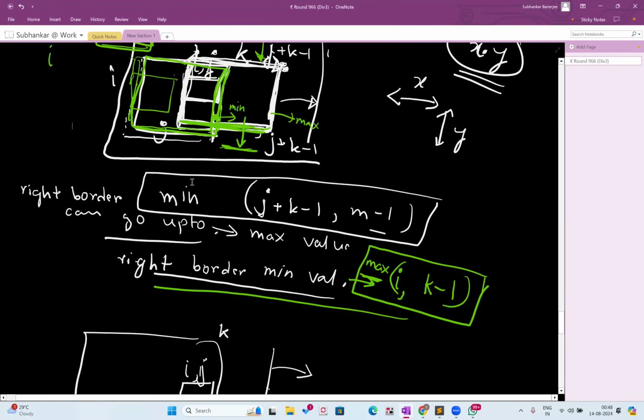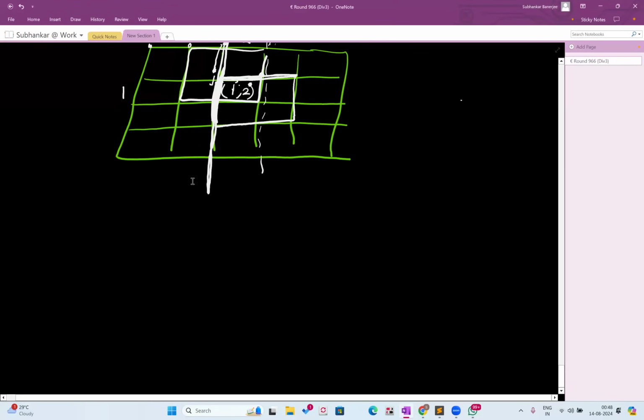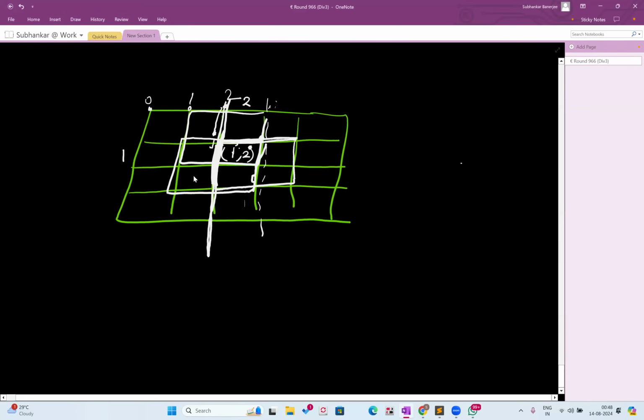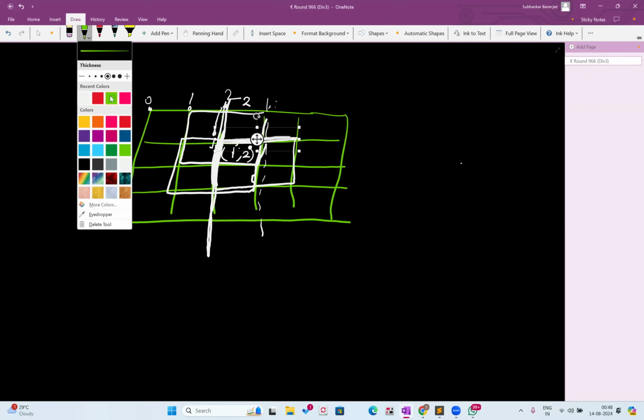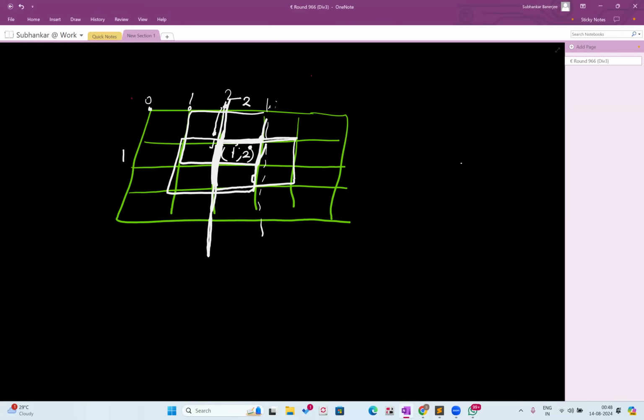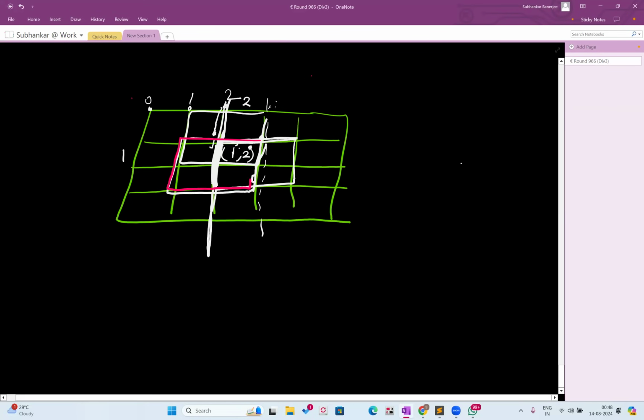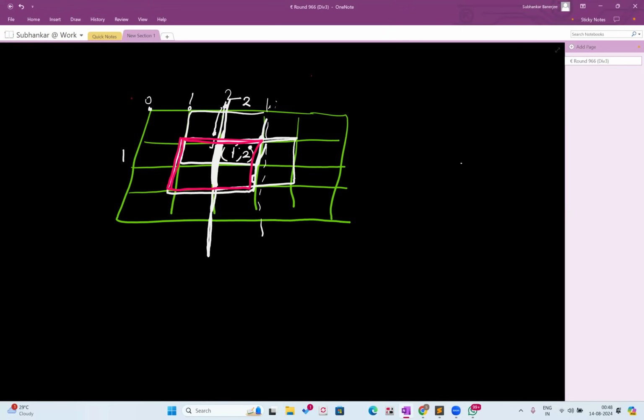So for the right border, what can be the minimum value? It can go from here to here. For the minimum value, this will be the square, so it can go up to 1, right?